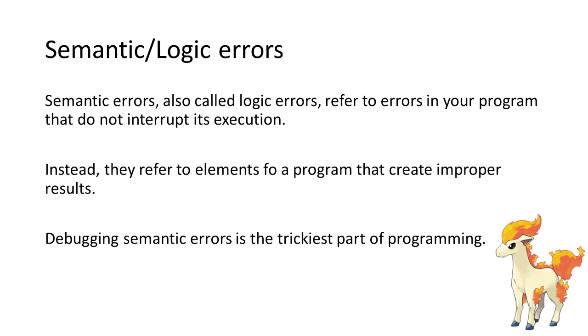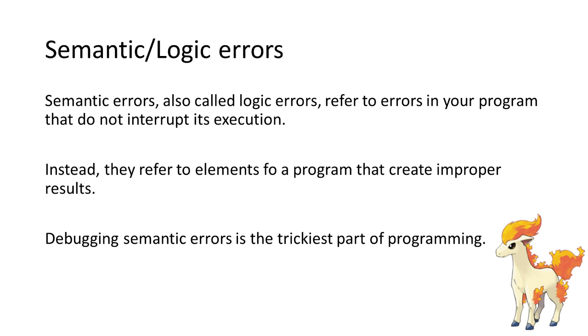It's where the program is technically correct. It runs. There's no flaw in the language, and you're not trying to do anything illegal or that the computer can't understand, but the logic of the program is wrong. It doesn't do what it's supposed to do. Now, debugging semantic errors is the trickiest part of computer programming.